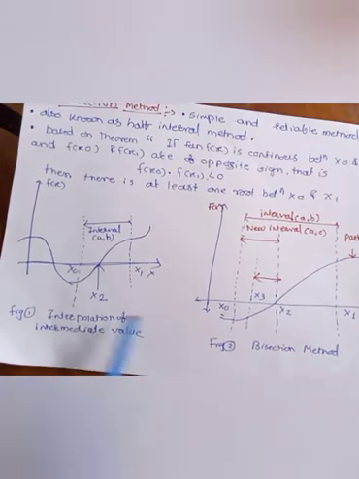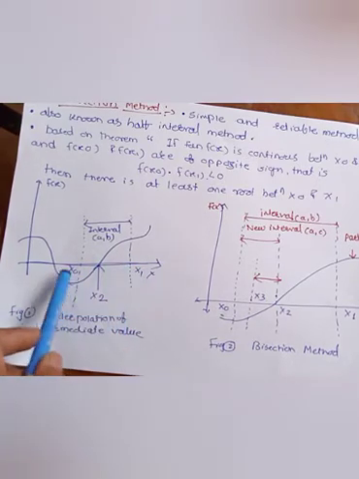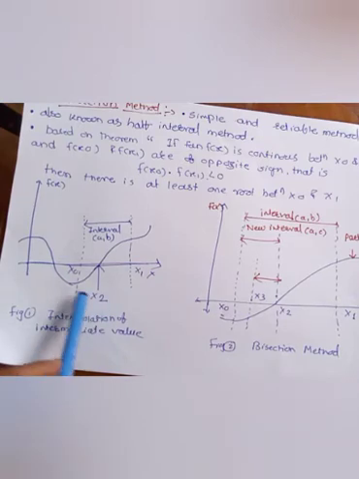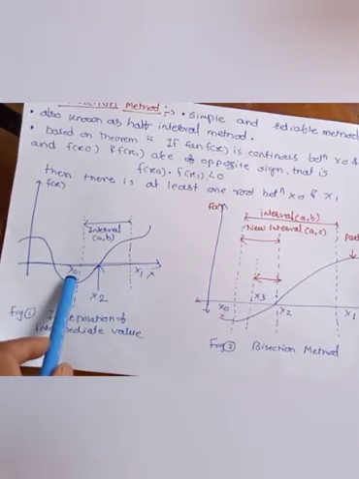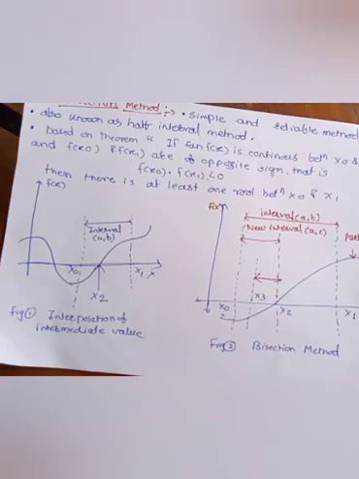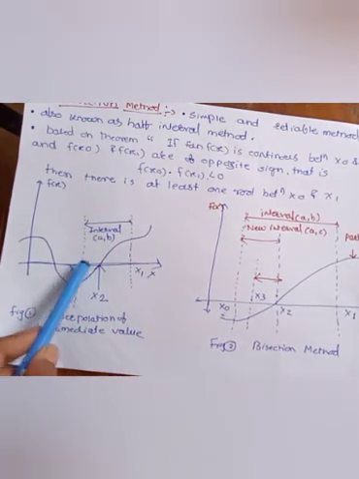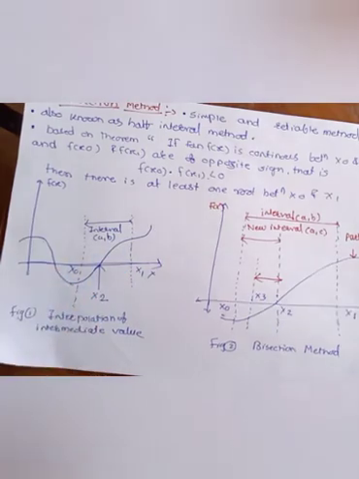This is the diagrammatical presentation of this theorem. This gives you the interpolation of intermediate value. These are the roots of f of x, and this root lies between x0 and x1, and this is known as interval AB at the points x0 and x1.